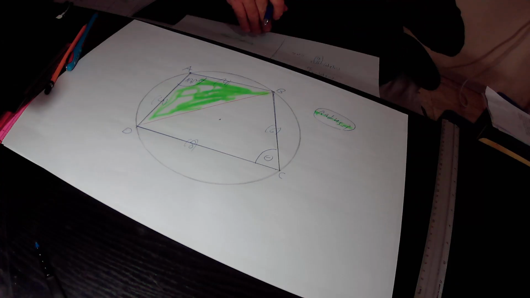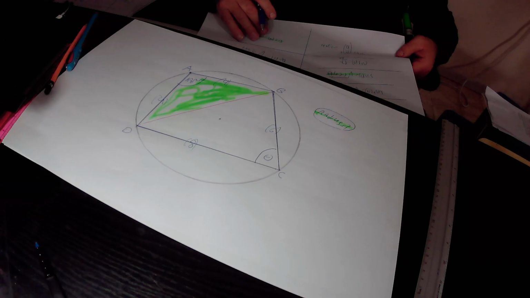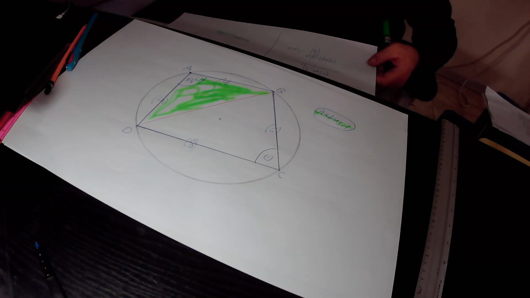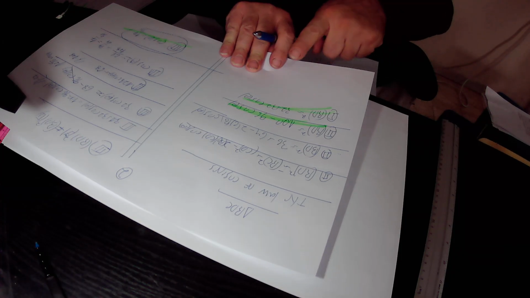What is the length of BD? We use equation 1, which said that BD squared equals 32 plus 32 times cosine theta.